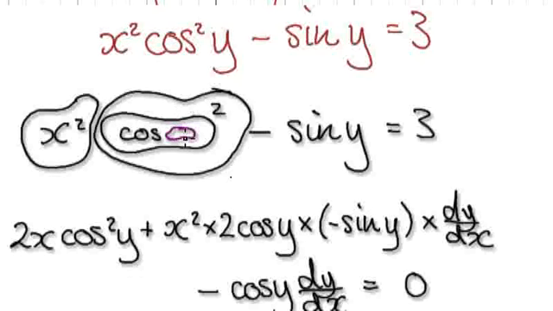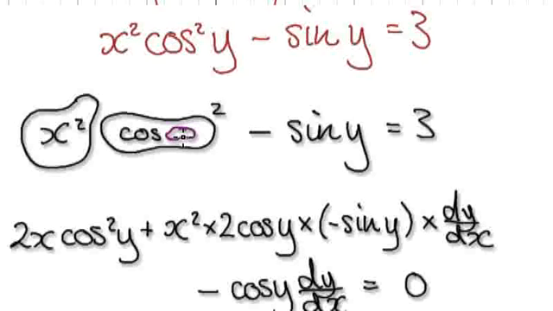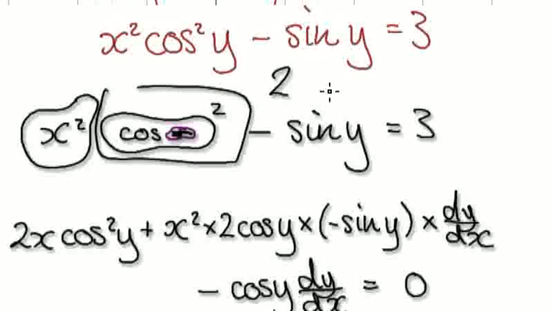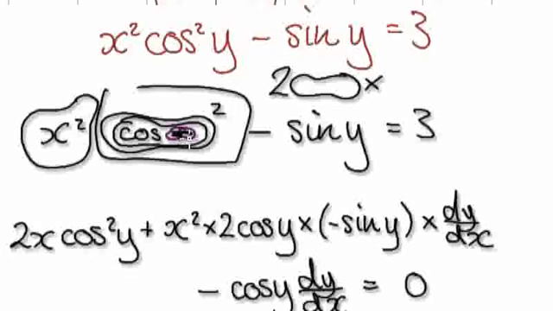This bit is hard because in a way you've got a y in here, and so this purple bubble here contains y, and y is a function of x, meaning that you've got x's floating around inside this purple bubble. So you've got to differentiate this bubble, so that will be 2 bubble to the power of 1, but we don't bother putting the 1, and then we've got to times it with differentiating this cos of the purple bubble, so that will be times minus sine the purple bubble.